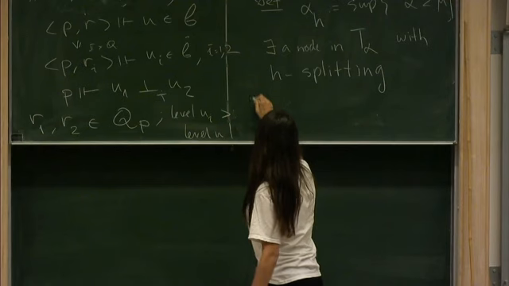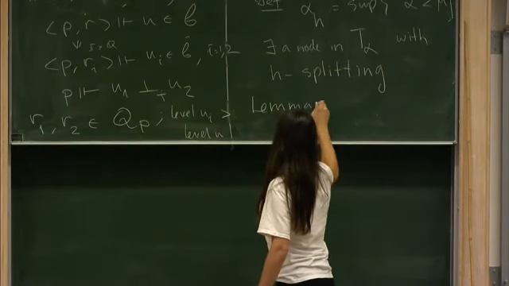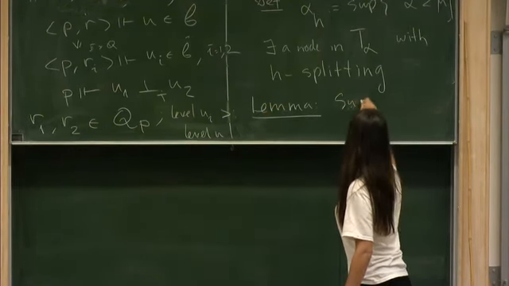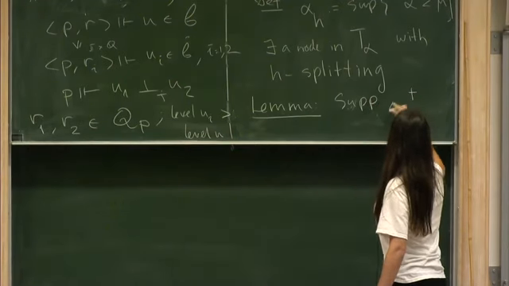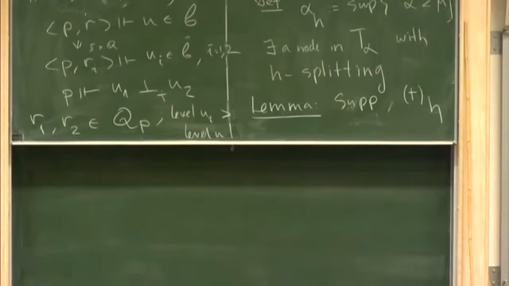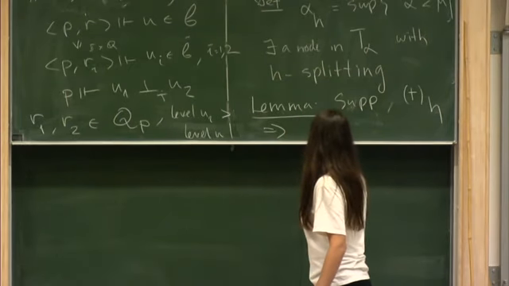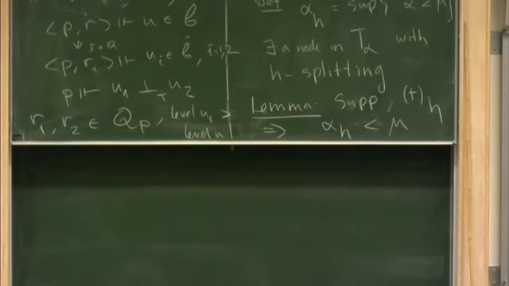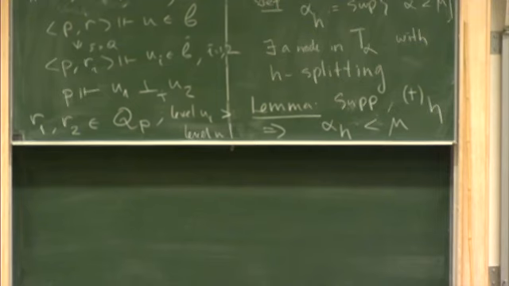And the key lemma is that, suppose dagger of H holds, so we are in the situation of the conclusion, then alpha_s of H is less than mu, being the height of the tree. So once you show that for every such H where dagger of H holds densely often there is no more H splitting, then how many H's are there?